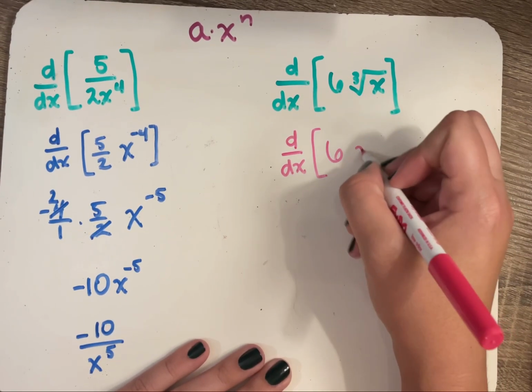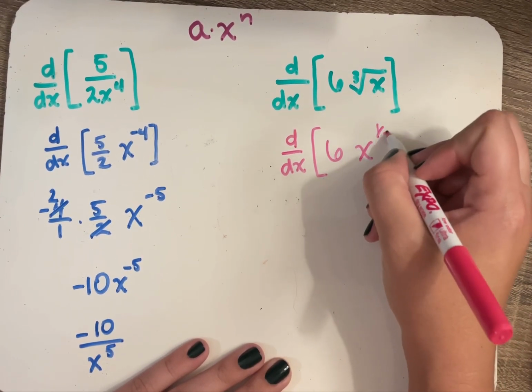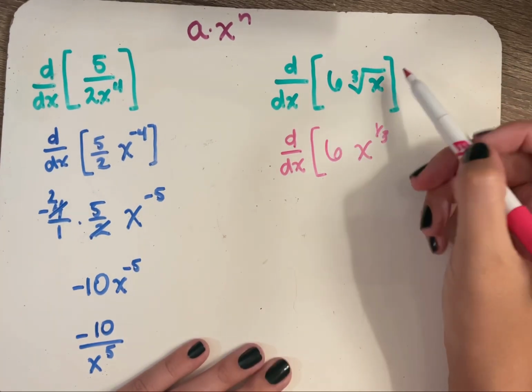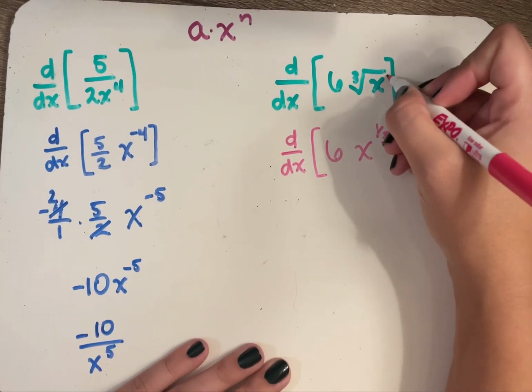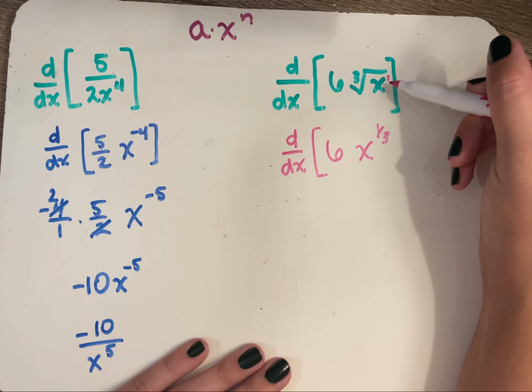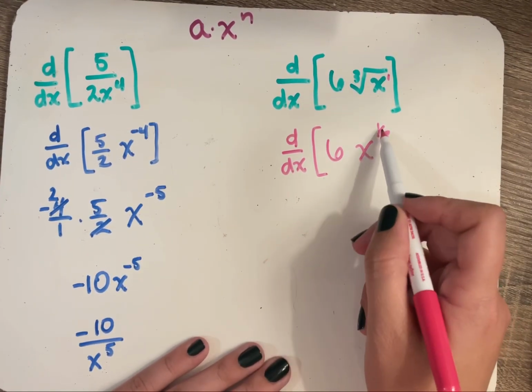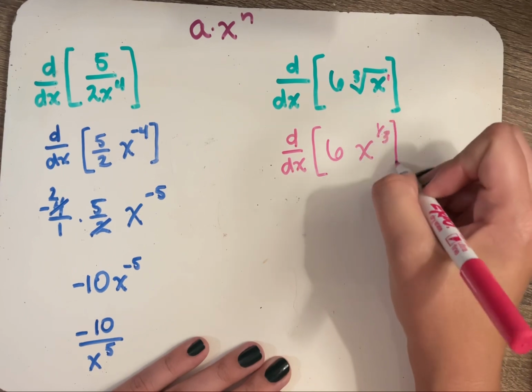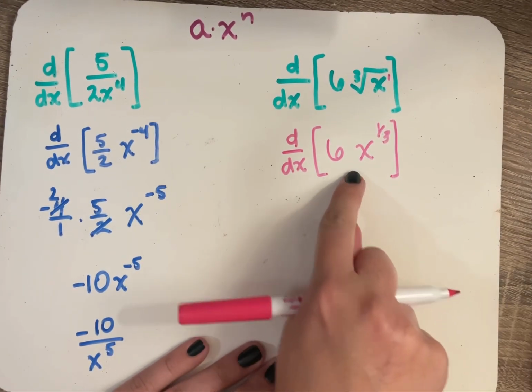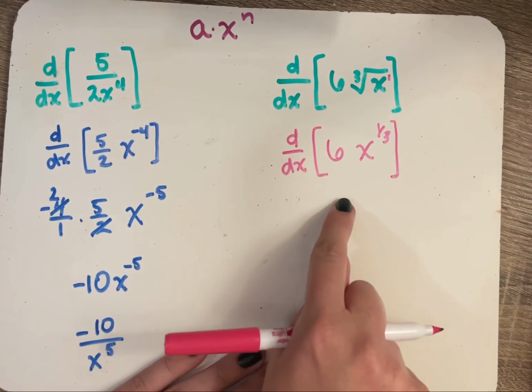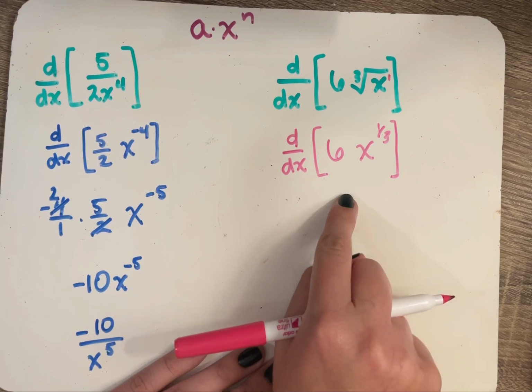That really means x raised to the 1/3, and that's because here there's really an invisible 1 as my exponent. So this becomes x to the 1/3. And now I have this in the desired format, so I'm able to actually take the derivative now.